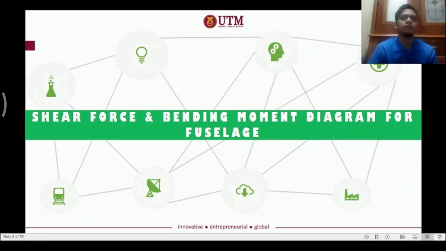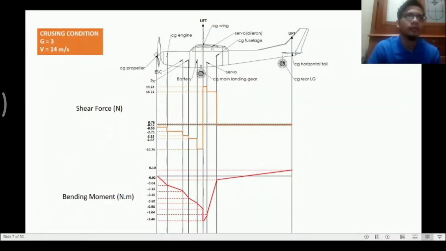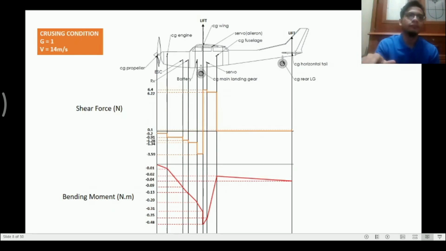Next is the shear force and bending moment diagram for the fuselage. In the cruising condition with G equal to 3, the velocity is 14 meter per second. You can see that the maximum shear force is 19.24 and the bending moment is negative 1.44. Next is the cruising condition for G equal to 1 with the same speed.